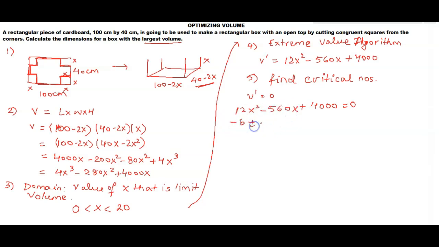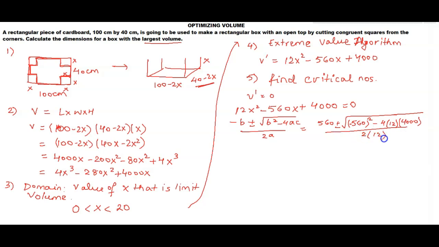This is my quadratic formula: negative b plus minus root b squared minus 4ac over 2a. Once I sub in everything in here, I would get 560 plus minus square root of negative 560 squared minus 4 times a, which is 12, and my c value is 4000, over 2 times 12, which is 24.